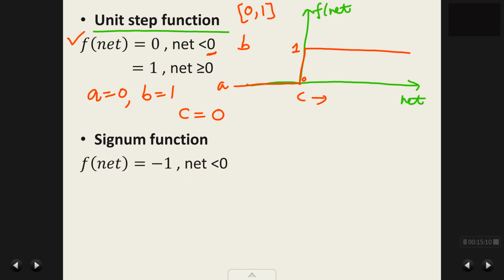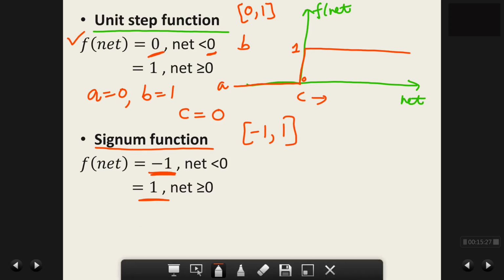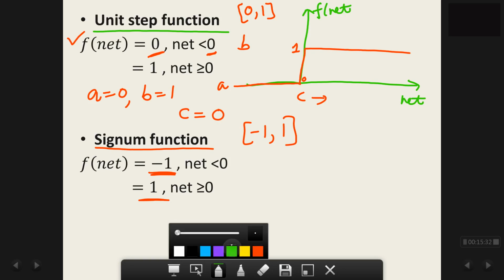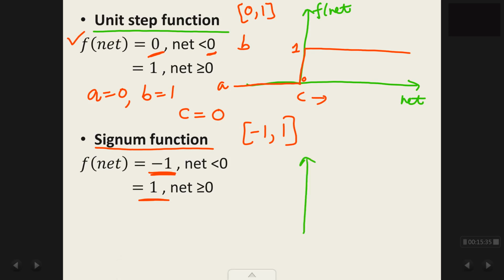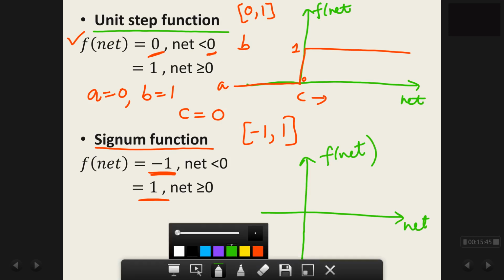Next we go to the signum function. In the signum function there is a slight change. The two levels are -1 and 1. So in place of 0 you will have -1, and in place of 1 you will have 1 itself. If I draw the graph of the signum function, I will get it like this, so the two levels will be of this form.